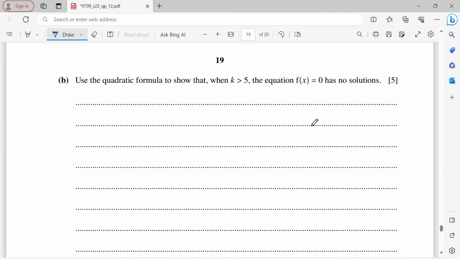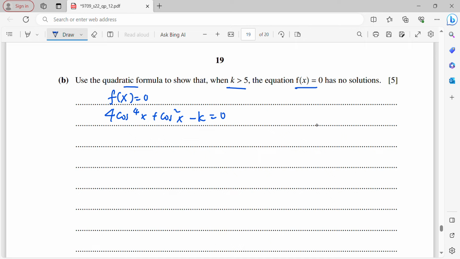Now, B. Use the quadratic formula to show that when k is greater than 5, the equation has no root. So now, when f(x) equals 0, rewrite it: 4cos^4 x plus cos square x minus k equals 0.